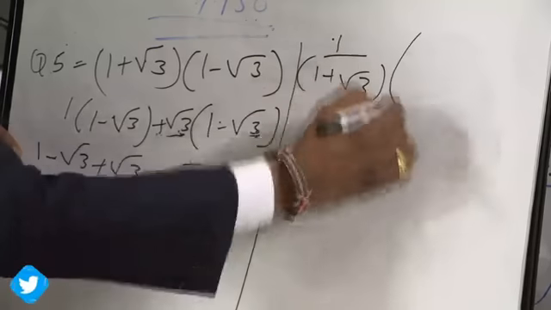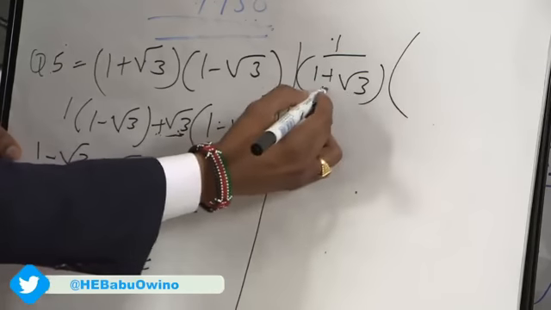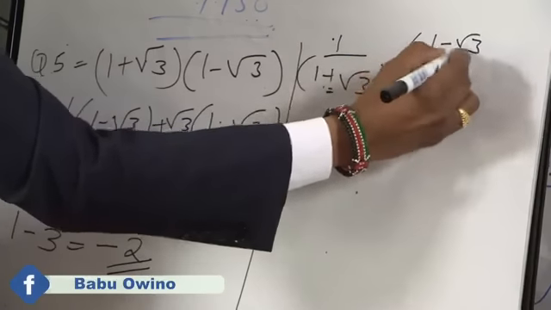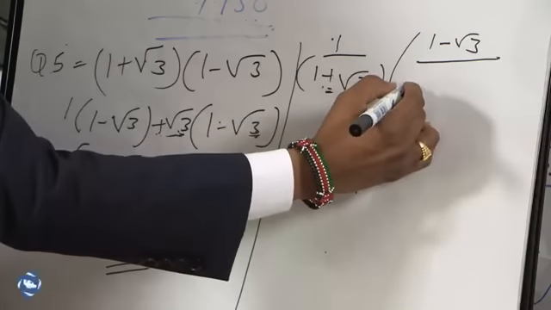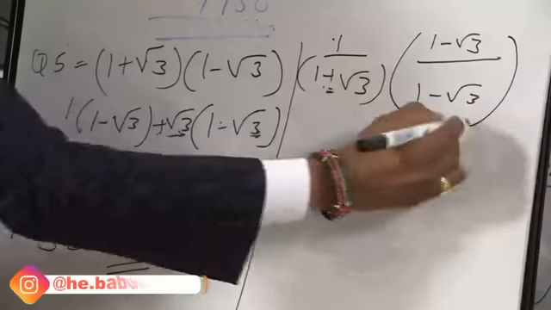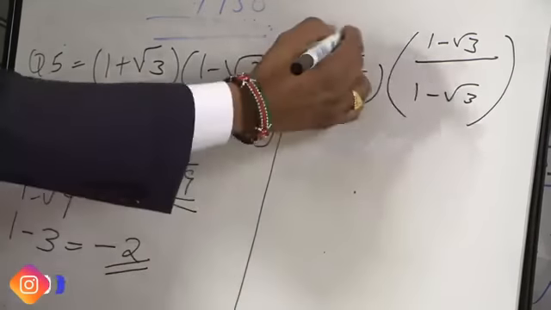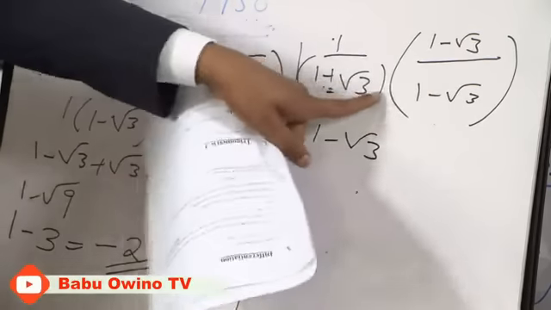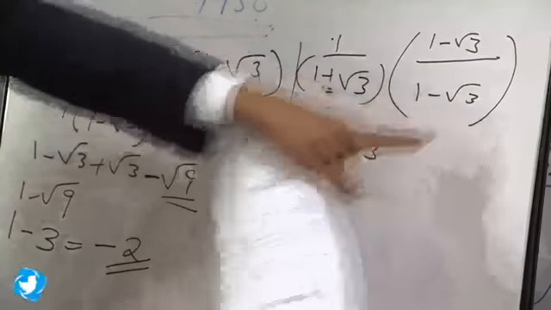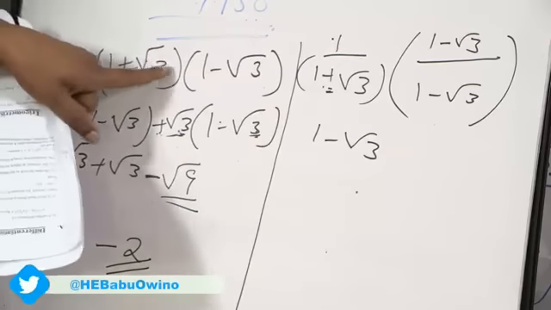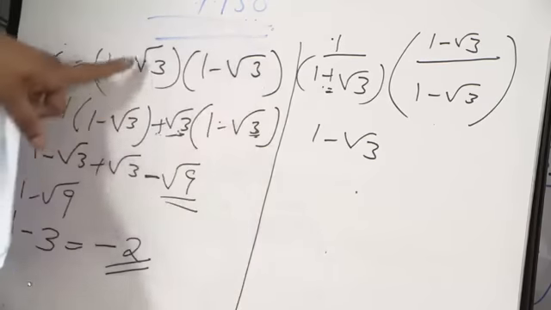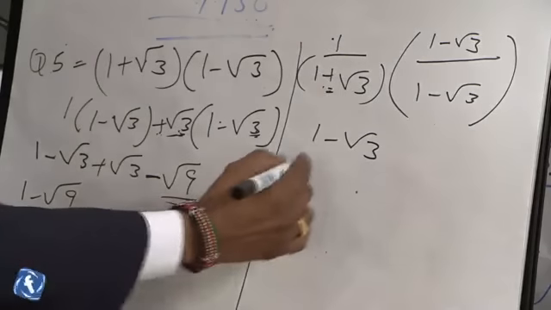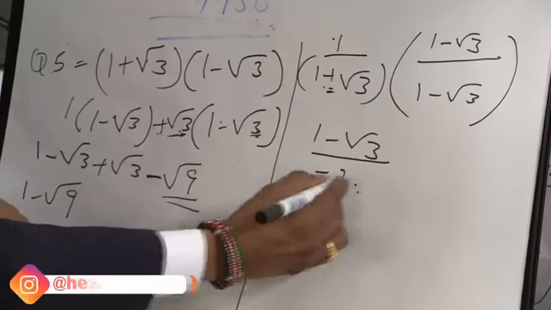The conjugate is just the same value but with the sign changed, so you multiply by 1 minus root 3. The numerator then has 1 minus root 3. But remember, 1 plus root 3 into 1 minus root 3, when we solved it, we got minus 2. So you divide this value by minus 2.